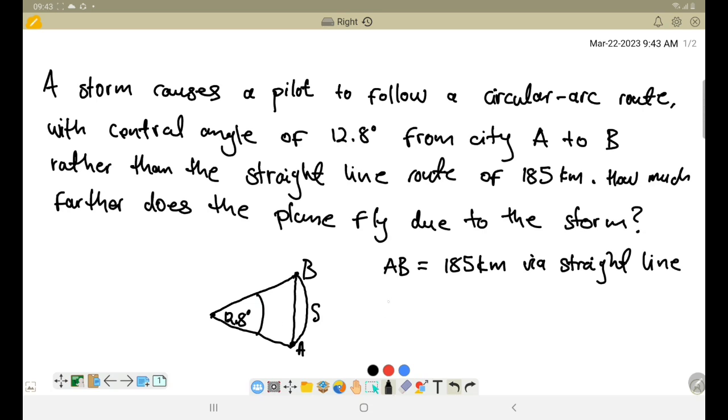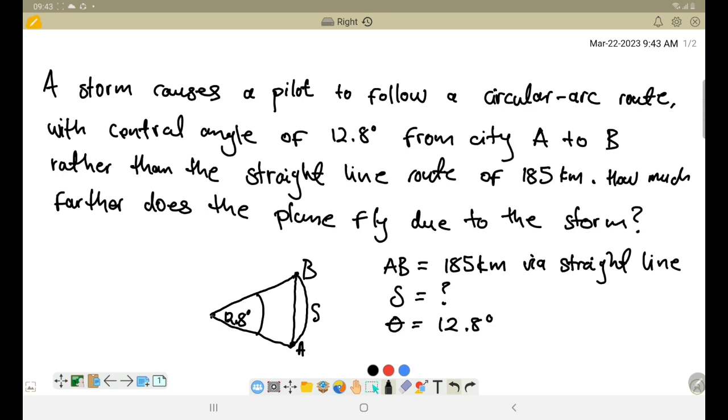So we can say that S, we don't know what it is, and then theta, we can say that is 12.8 degrees.